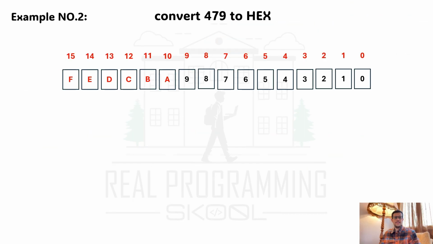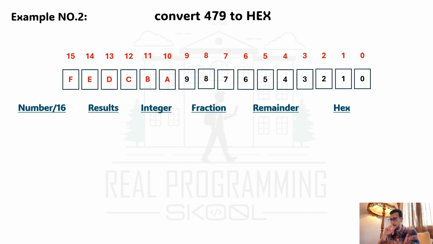All right, let us have another example. Let's convert 479 to hexadecimal, to hex. We'll do the same process as the previous example. We take the number 479 and divide it by 16, put the integer number in the integer column and the fraction in the fraction column, and multiply the fraction by 16. So 479 divided by 16 gives me 29.9375.